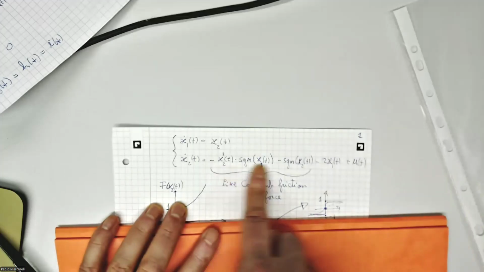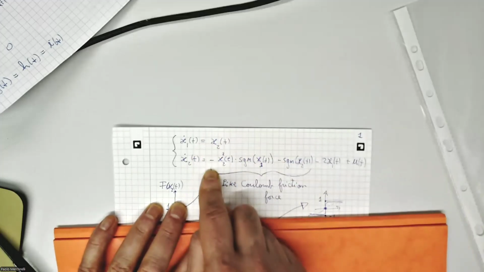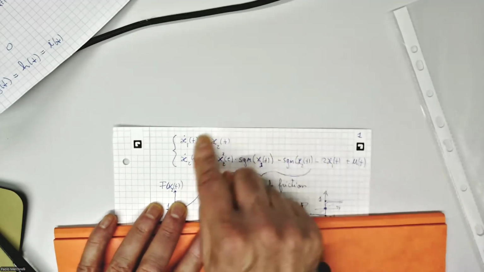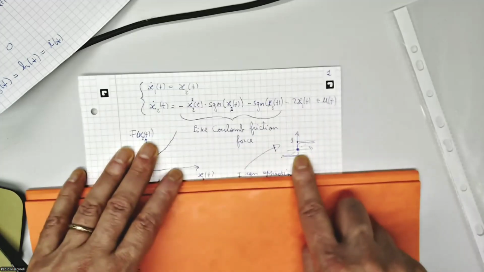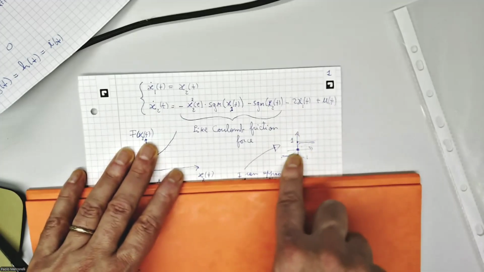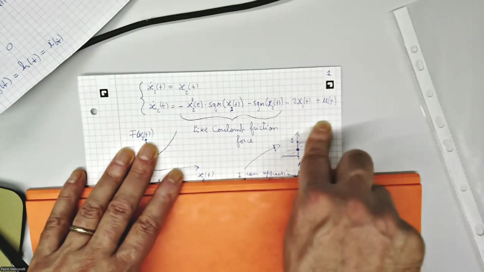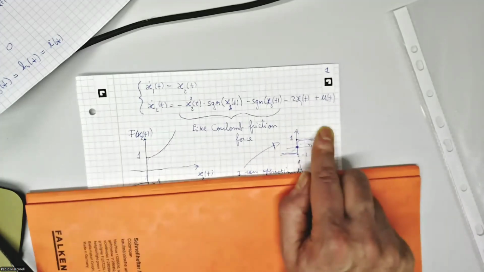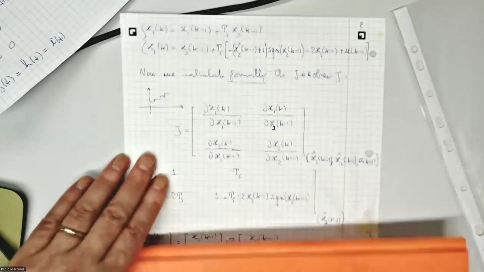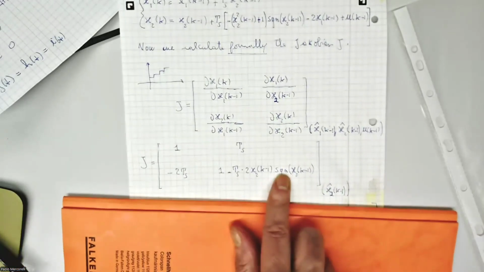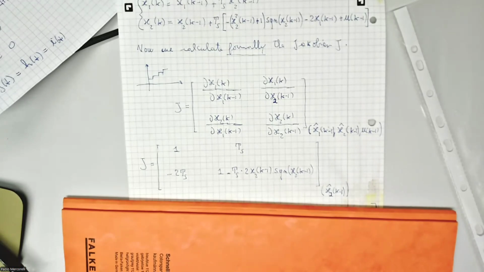But this expression here is just a mathematical representation of the physical system. Do you remember I told you that typically we try to approximate this function, which is not continuous, with a continuous function, the sigmoid function. Now, of course, if you proceed with this approach, neglecting what happens for x2 equals 0, we have an error.